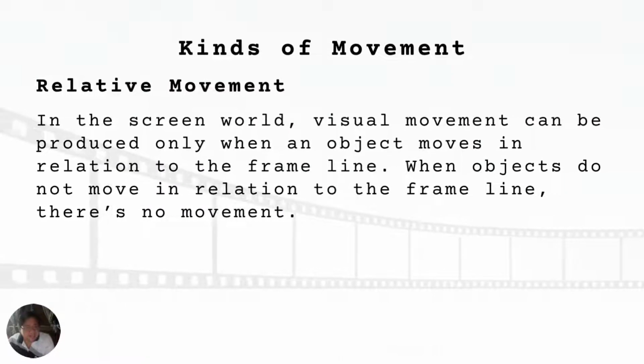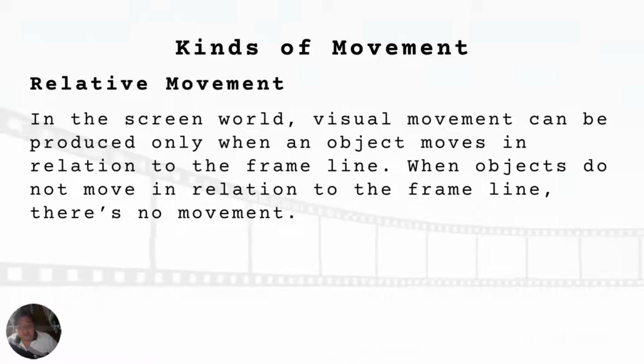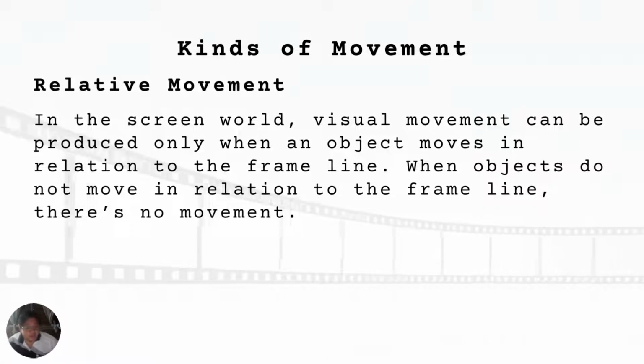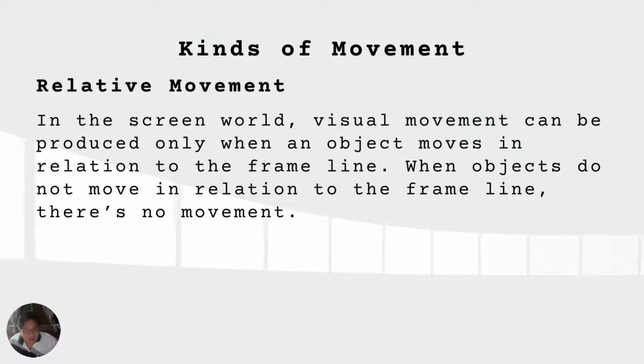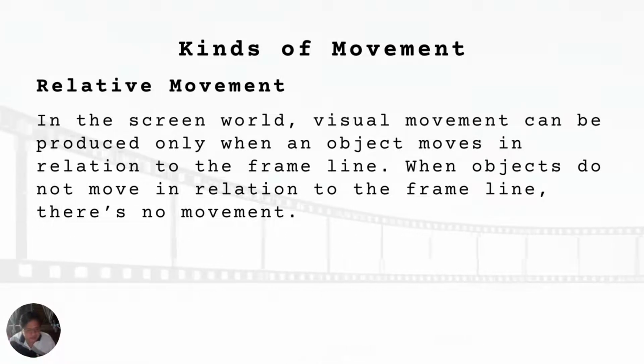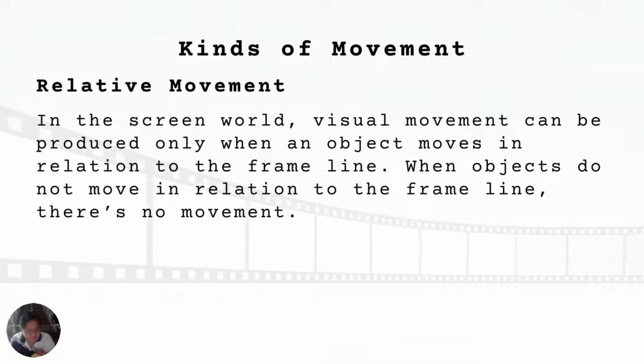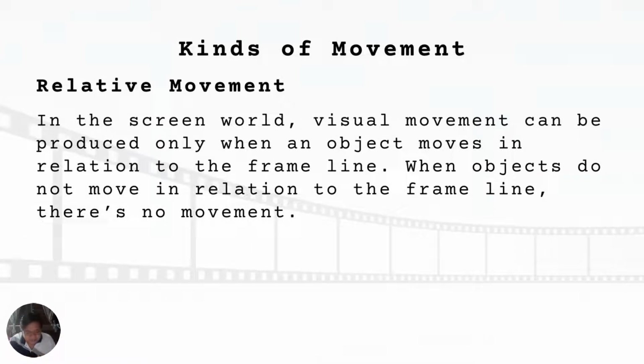Okay? In the screen world, visual movement can be produced only when an object moves in relation to the frame line. When the objects do not move in relation to the frame line, there is no movement. Okay? So this is my example. I want you to imagine yourself watching a film.